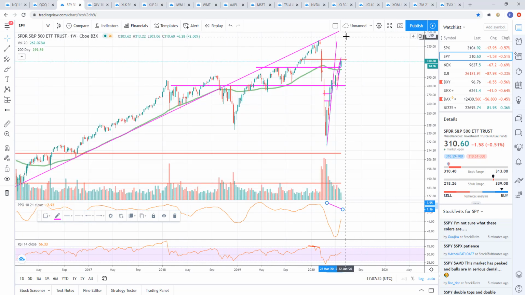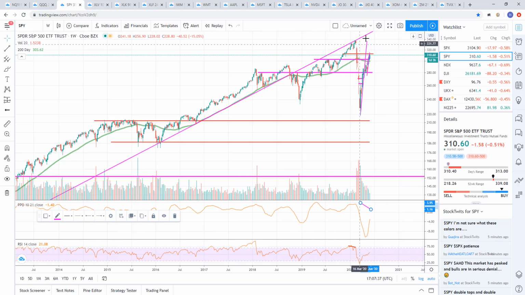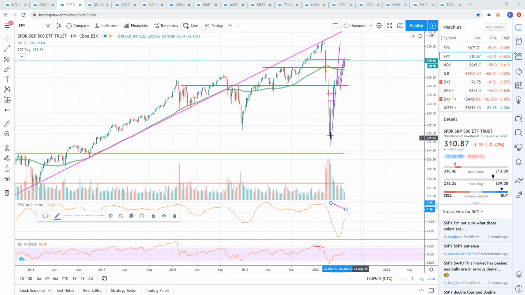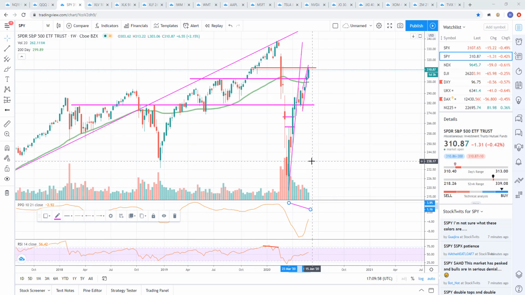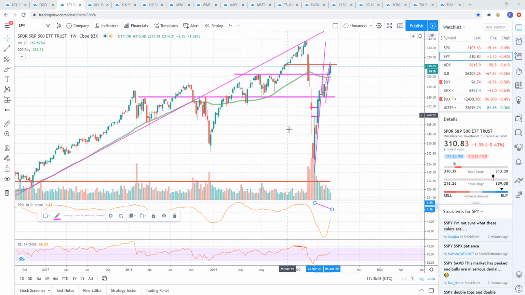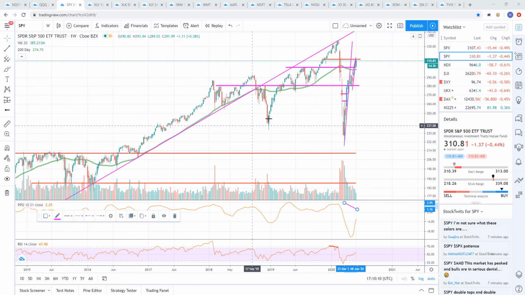And if this wants to ramp all the way up and have a melt up move all the way up to 360, then I'll just sit that out and I'll be waiting to get short up around 360 in the SPY. So what I would say is, if you want to be bullish and your time frame is weeks to months or whatever, then just understand where I'm coming from on my bearish calls.